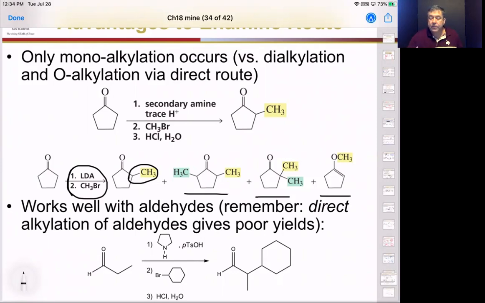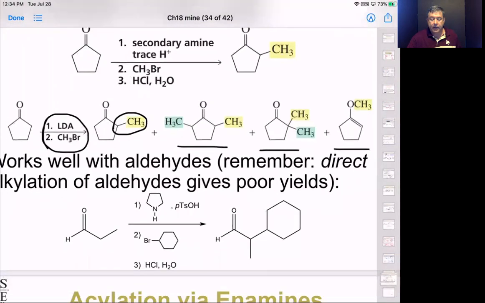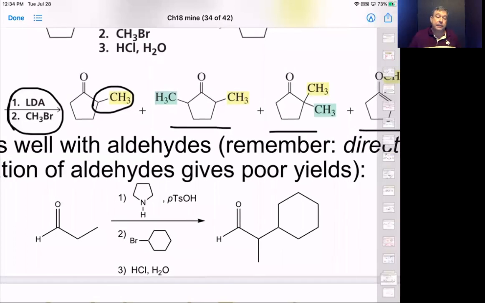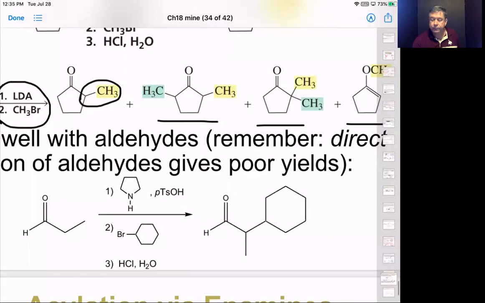Okay. And we can use this to our advantage when we have aldehydes, because instead of accidentally hydrolyzing the aldehyde to the carboxylic acid or oxidizing it down, we can use this enamine type synthesis to make sure we only have our double bond formed in this position here. Our double bond will only form here.